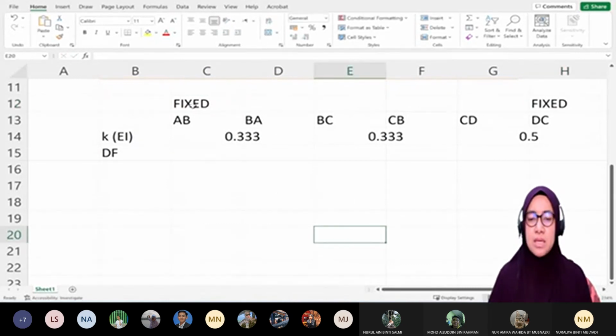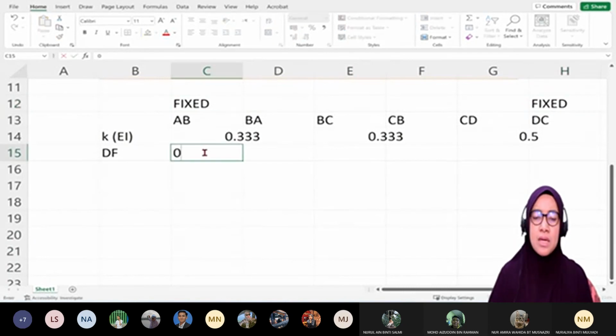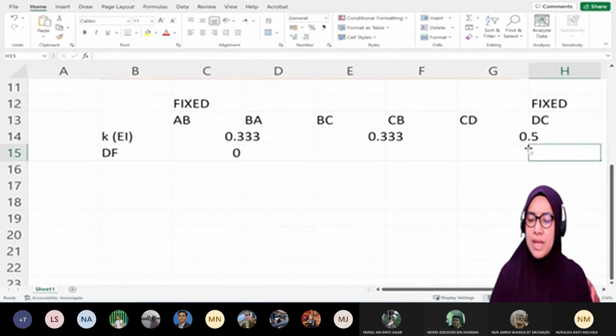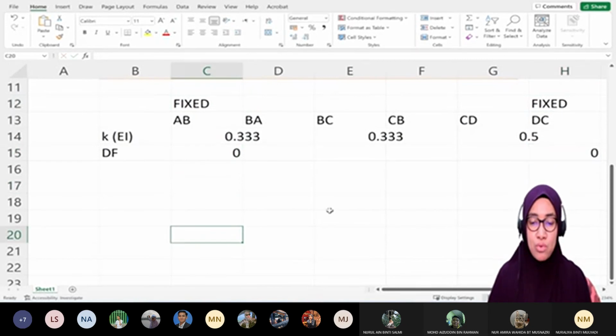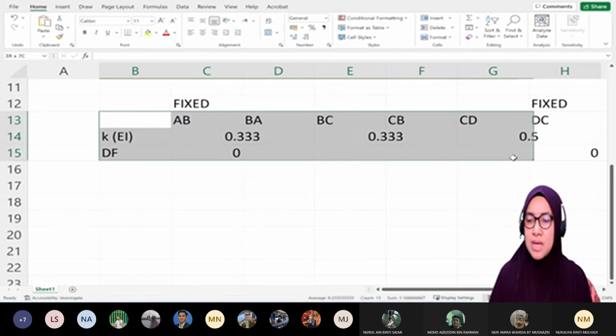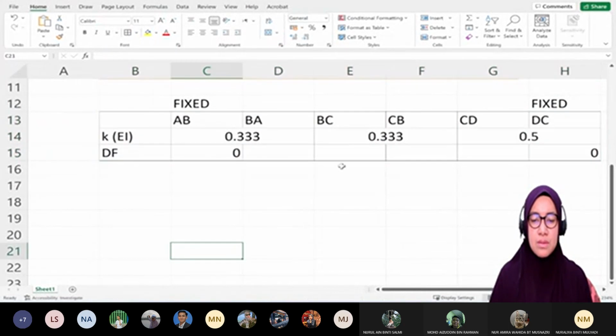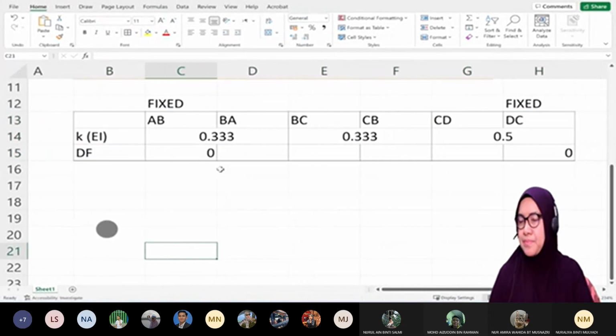Fixed distribution factor is 0. So both ends fixed, the factor is 0. So now we should calculate the remaining.